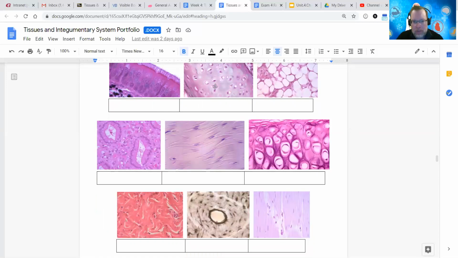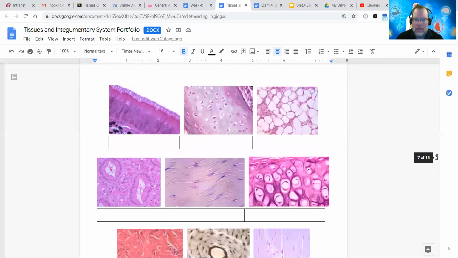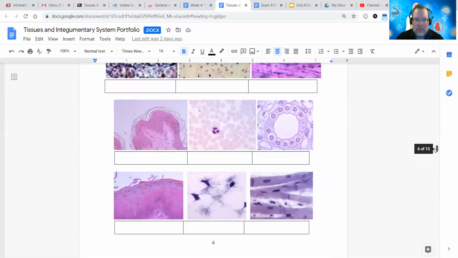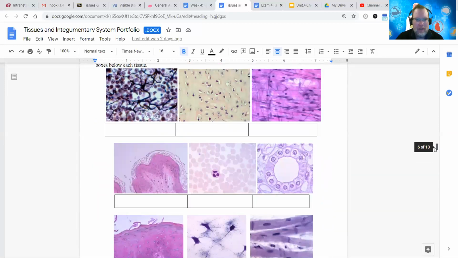Then you can almost see we've got similar looking cells in there. If it's fibrocartilage, it'll also have those same types of cells, but you'll see a lot of fibers, and it looks like we might have something like that here. There's a lot of fibers in there. Here's that reticular. Remember, we had the blood cells mixed in with some jagged lines of fibers.